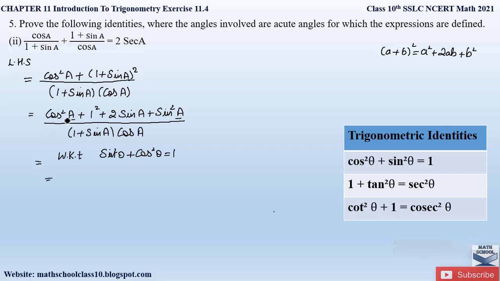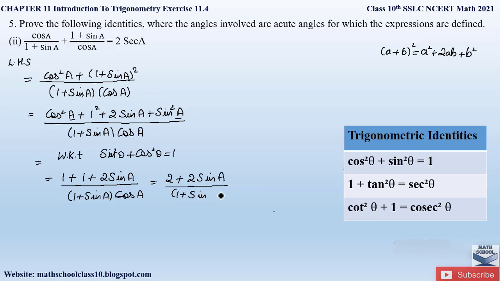So therefore cos square A plus sin square A will be 1 plus 1 square is 1 plus 2 sin A divided by, again we have 1 plus sin A into cos A, right? So here 1 plus 1 will become 2 plus 2 sin A divided by, denominator will be as it is, 1 plus sin A into cos A.